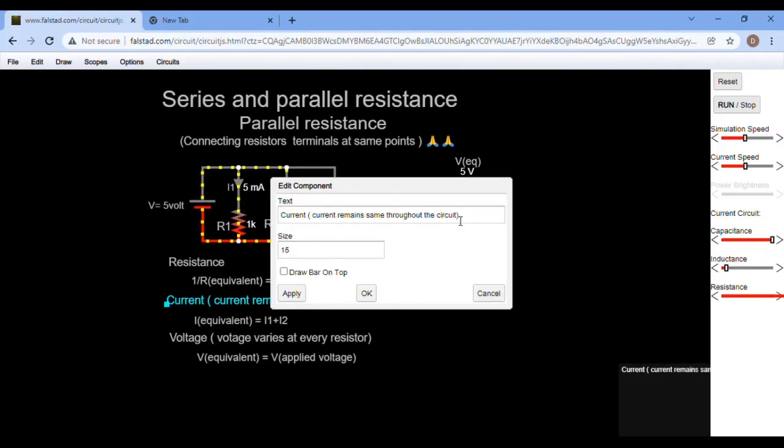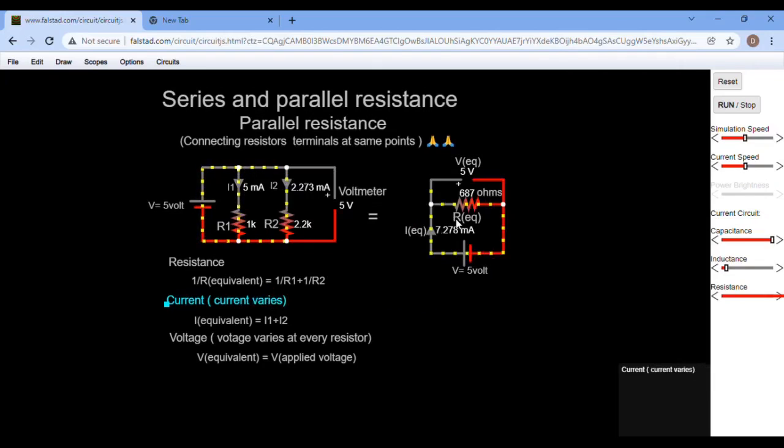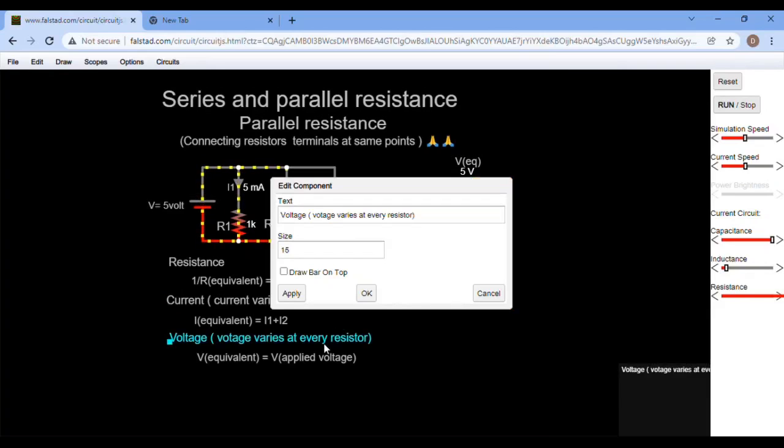Here the current varies and the voltage remains constant.